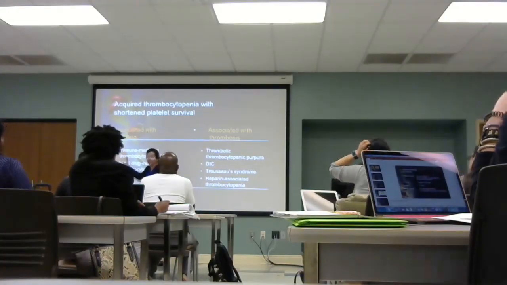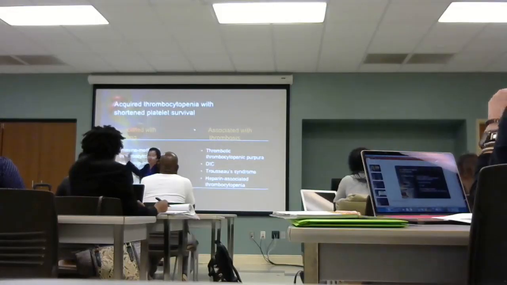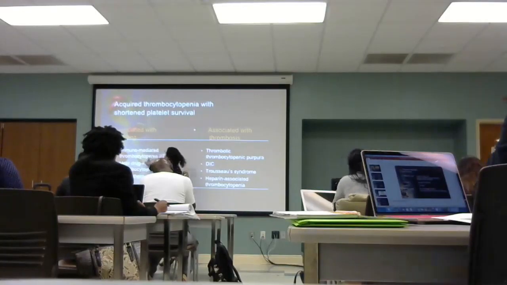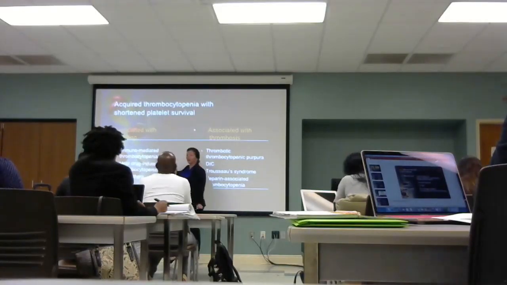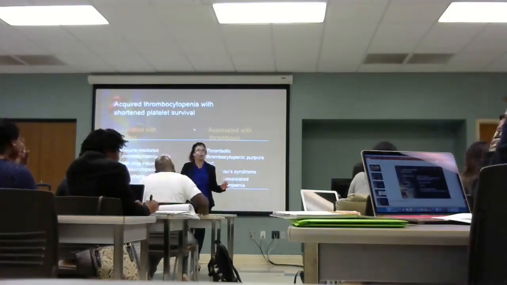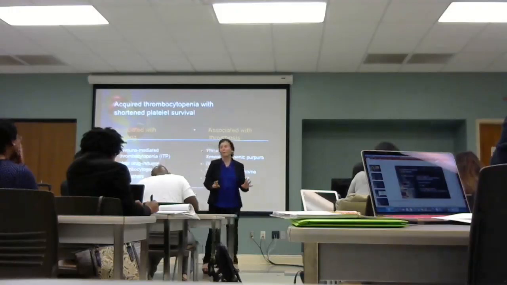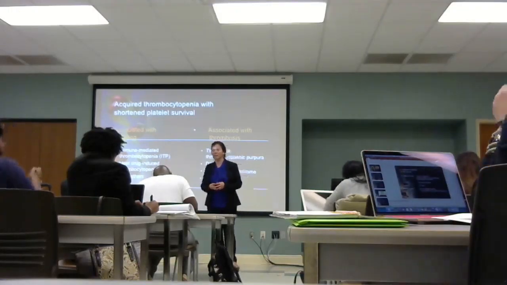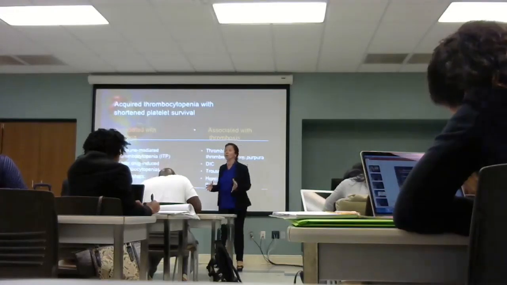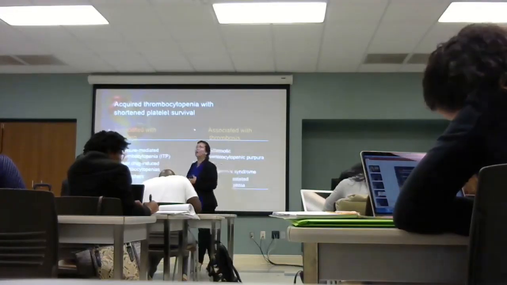Nobody knows the cause. So most likely it is autoimmune. Okay? Thrombocytopenic purpura. So this patient, even though it's in your PowerPoint coming, most commonly is a middle-aged female. For some reason, even though it's not a congenital condition, it's acquired.